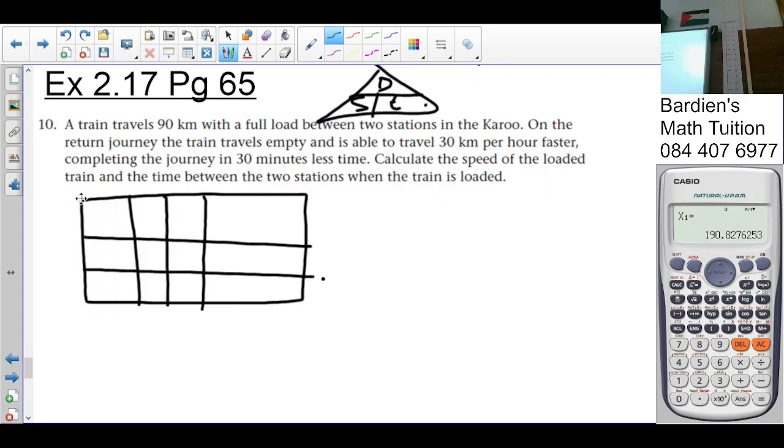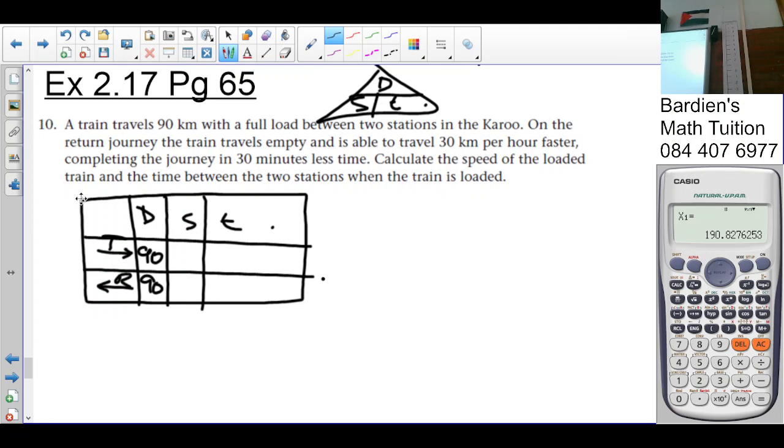The train travels 90 kilometers with a full load between two stations in the Karoo. So that is 2, and this is the return, to the station. 90 kilometers is the distance, of course.